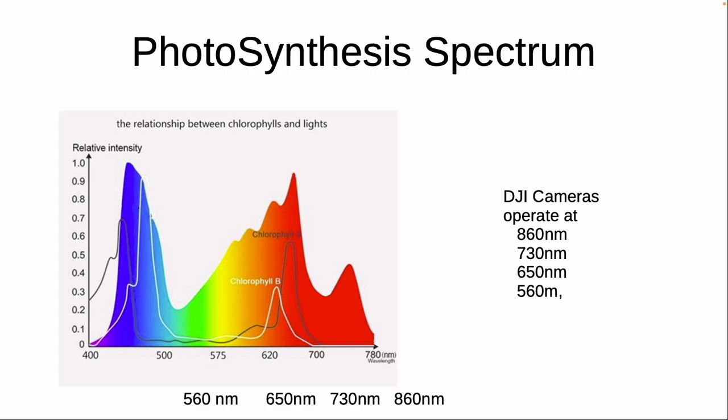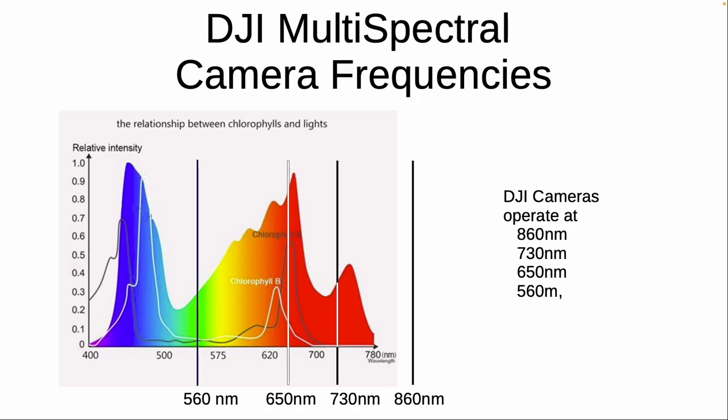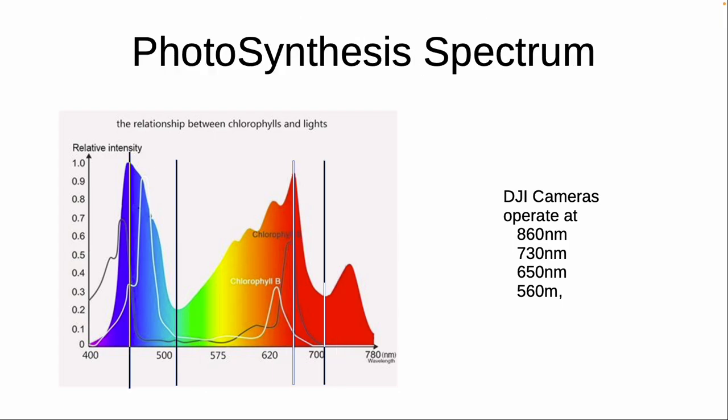So here we can see the photosynthesis spectrum, but here you can see the peak frequencies that the DJI cameras measure. Maybe not the best for measuring photosynthesis. If we had a camera that was actually aligned where the different frequencies were focused on the peaks and valleys of the photosynthesis, we could probably get much better data out of it.